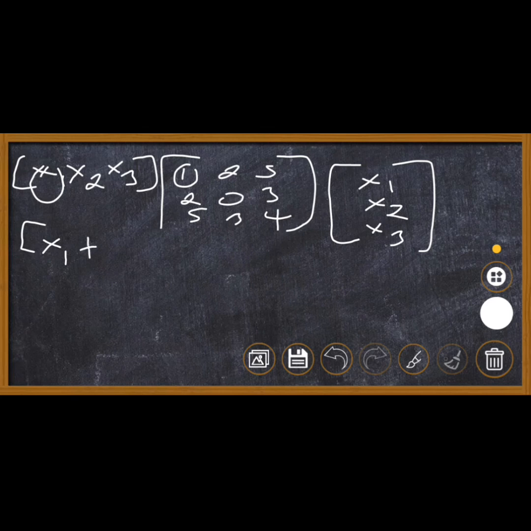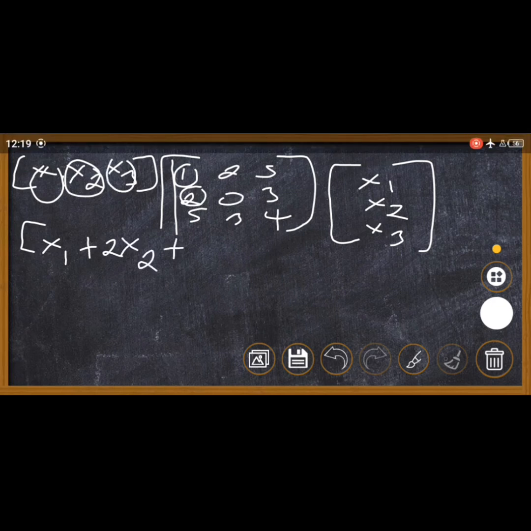Then plus x2 multiplied by 2. We deal with this row first, this column first. So x2 multiplied by 2, we are going to have 2x2. Then plus x3 multiplied by 5, we have 5x3.